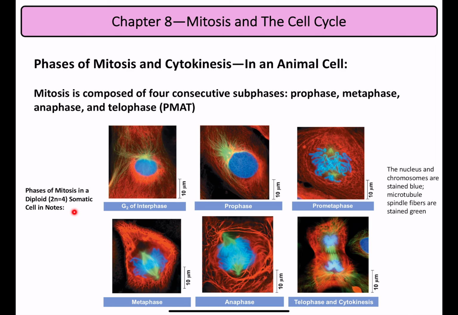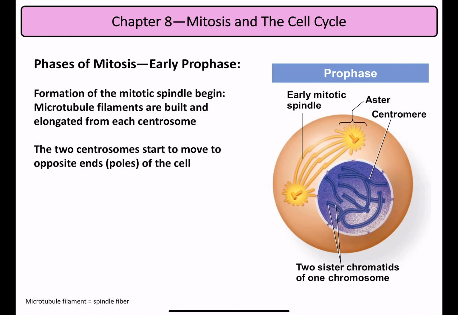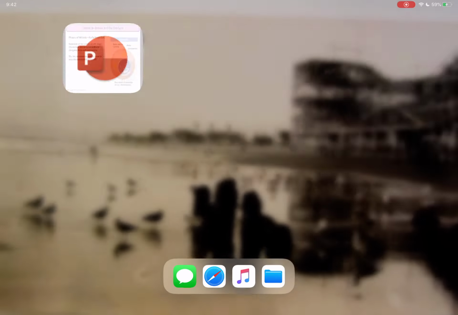And we're going to say it's a 2n equals 4 cell. And I'll explain what that means in a moment. Now, each time I finish a phase in my drawing, I'll jump back to the PowerPoint slides to fill in any missing information. So we're going to start that drawing.